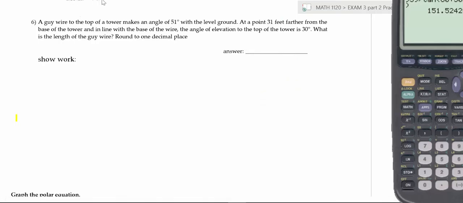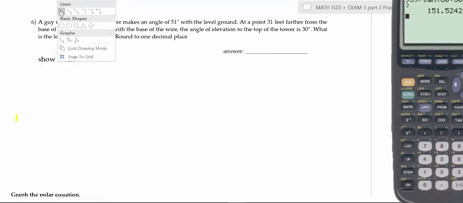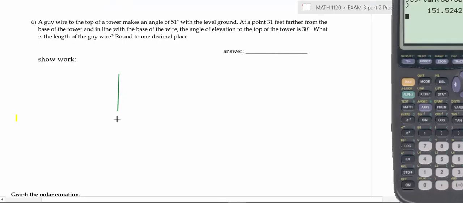So we have a tower, and let's go ahead and just try to get a triangle diagram on here. So let's say this is our tower. Okay, and then you have a guy wire. So this is going to be like your guy wire.